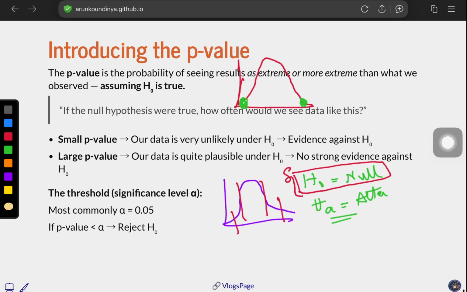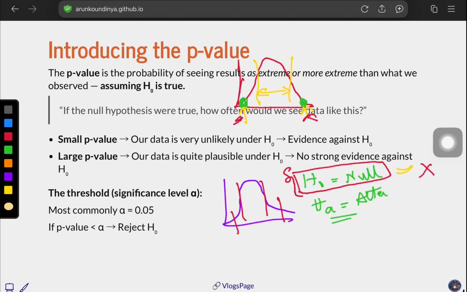It's not coming in between here, which usually should be the possible range of values if my null hypothesis is true. But based on my new evidence, the population mean might be here or might be here. So we reject this null hypothesis based on the evidence, because the population mean could be in these extremes.